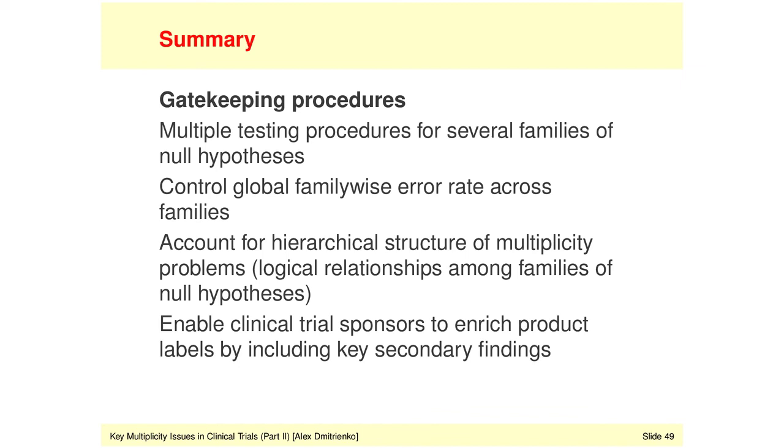And the importance of using gatekeeping procedures in clinical trials has been demonstrated in dozens of phase 3 clinical trials that have successfully utilized this general approach to multiplicity adjustment, and that enabled the sponsors of those trials to enrich, to strengthen the product labels by including relevant key secondary findings in the product label without compromising overall alpha control.